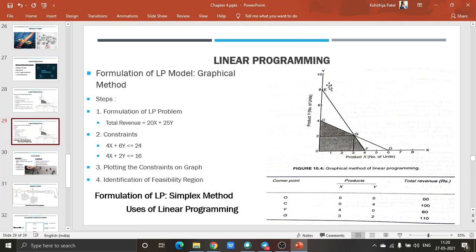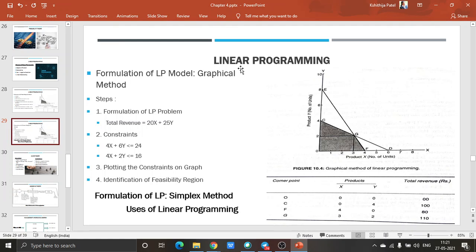The straight line named E and F represents the use of machine B. Now the total graph would look something like what has been shown in your slide.